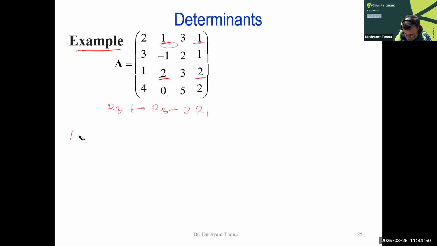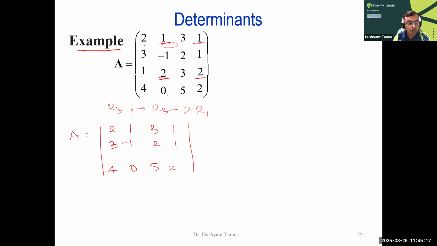So what will be my new determinant? See, whatever does not change, write it first. Only row 3 is changing. Rows 1, 2, and 4 are the same. So 2, 1, 3, 1, 3 minus 1, 2, 1, 4, 0, 5, 2. It was 1. I multiply this by minus 2.